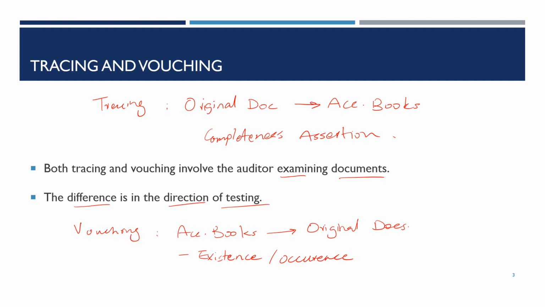Once the invoice is found, then the auditor will be going backward to see is there a shipping document? Is there any proof that something actually was shipped to the customer? If there is a shipping document, then this will provide evidence that the sale took place.